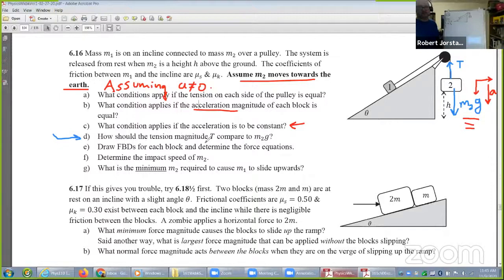So it's sneaky. The most common mistake here is people assume these are always equal, and they are sometimes equal, but not always. I think this is the case. So let's go ahead and draw the FBDs. I'll do it as well, and then we'll compare. I guess I've already done one of the FBDs for you.